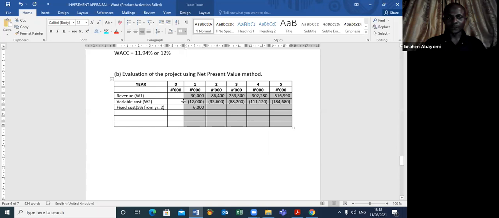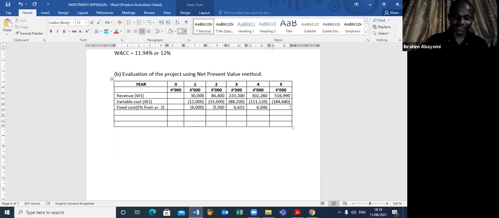So 6 million is increasing by 5%. So 6,000 times 1.05 is 6,300. 6,300 times 1.05 is 6,615. 6,615 times 1.05 is 6,946 approximately.